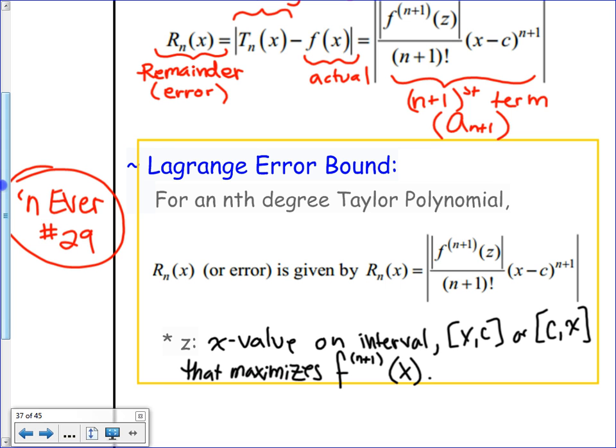I'm going to put in little quotation marks, which might help us understand it a little bit better. The Lagrange error bound basically tells us the worst case scenario in the sense of how bad our error could get. And that might make some sense with z being the value that maximizes the n plus first derivative of f.